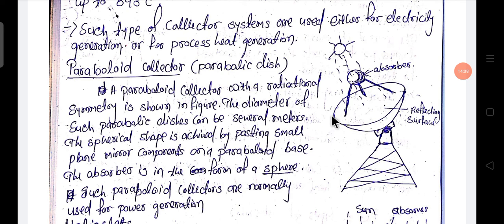That means this parabolic mirror can be made by pasting the plane mirrors on a paraboloid base. The absorber is in the form of a sphere. Such paraboloid collectors are normally used for power generation.